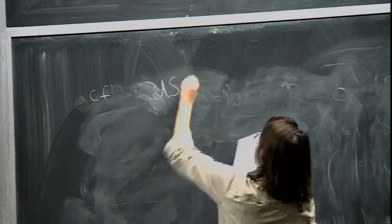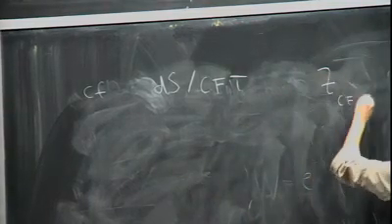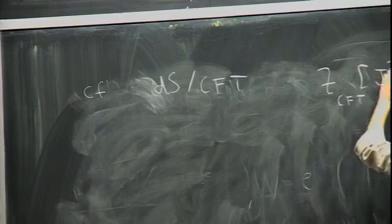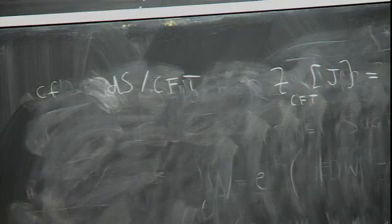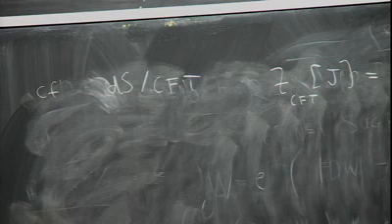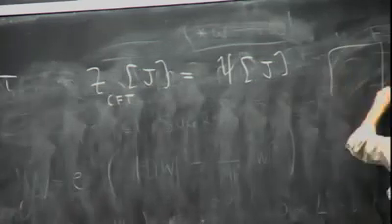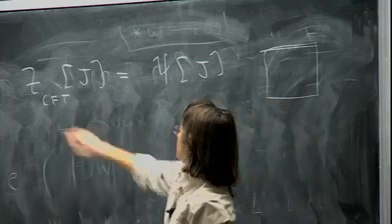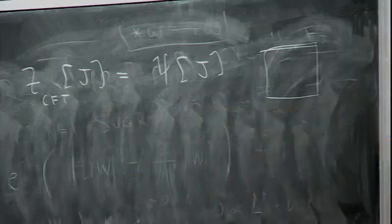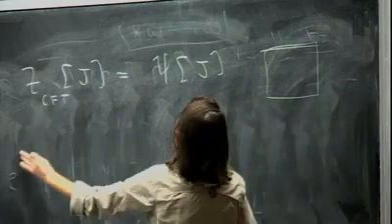So this dS/CFT is a conjectured dictionary between, again, a theory which ultimately has dynamical gravity, but the wave function of this gravity theory on de Sitter space is conjectured to be calculated by the partition function of a CFT.